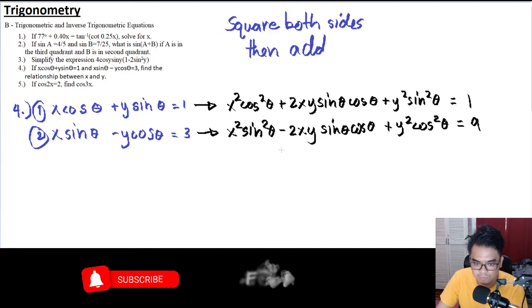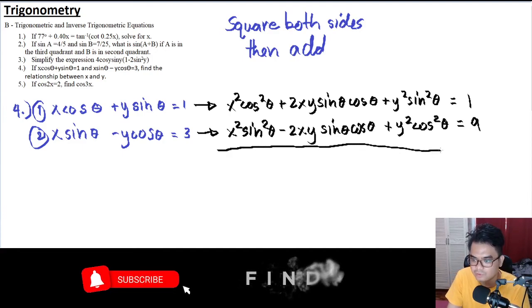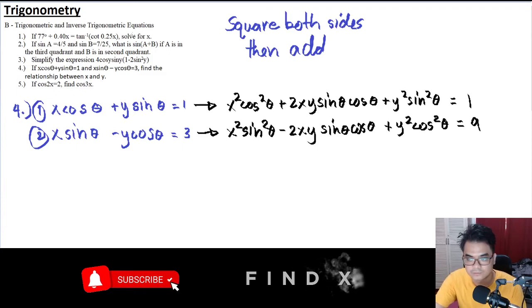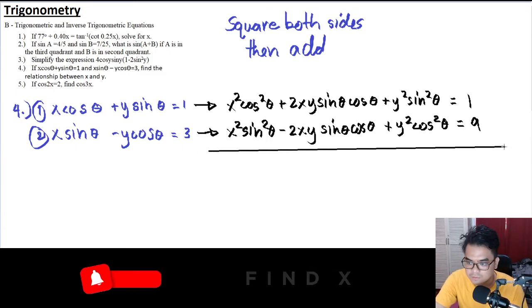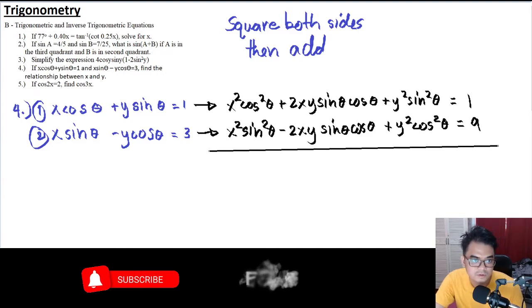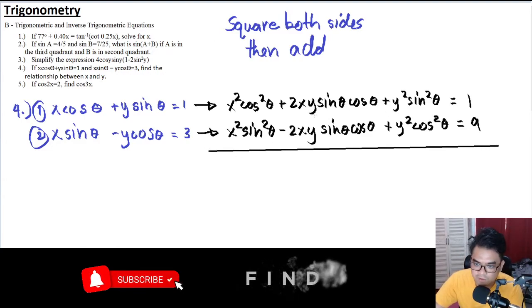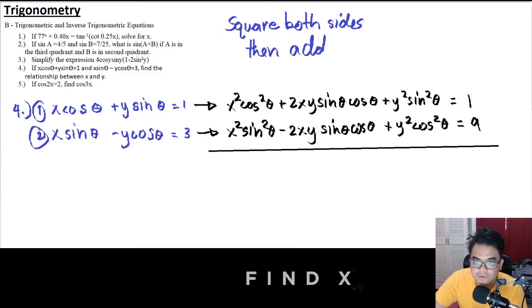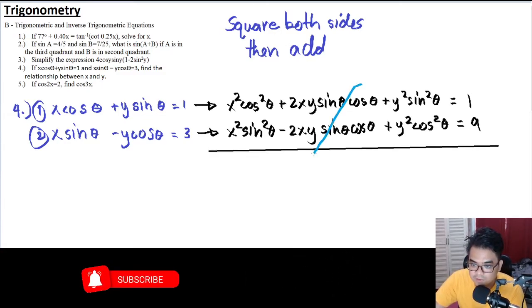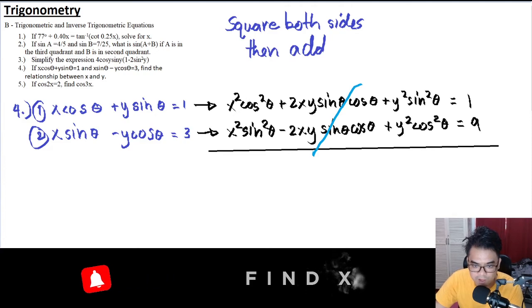So we will be able to add these two. If we add these two, you can see the middle term will be cancelled out, right? And then we'll be adding these two.